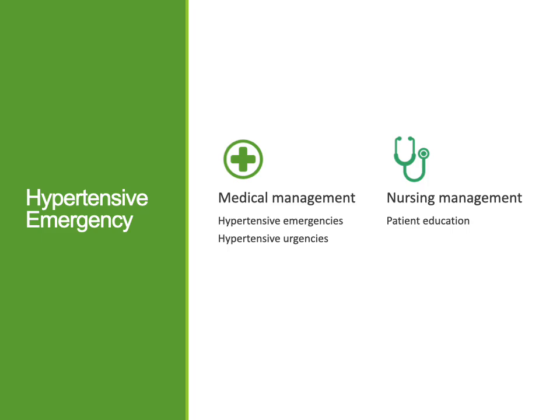So if they start to get altered, we worry about them having a stroke. If they start to show signs of AKI, we're worried the kidneys are shutting down. So we want to be really careful about that. We want to do careful monitoring of all the symptoms, and like I said, give the blood pressure medications usually intravenously. We don't like the peaks and valleys with oral agents.